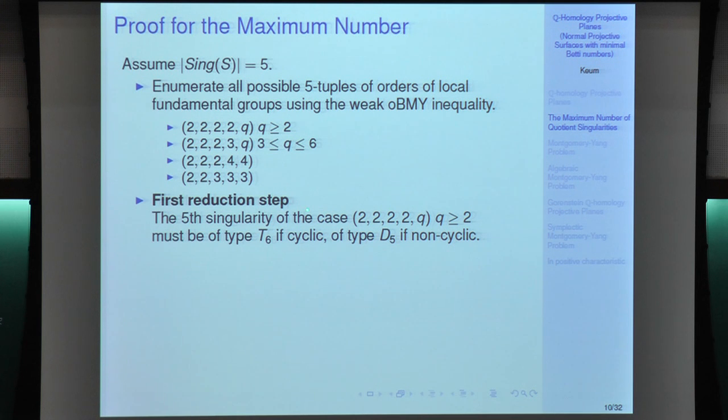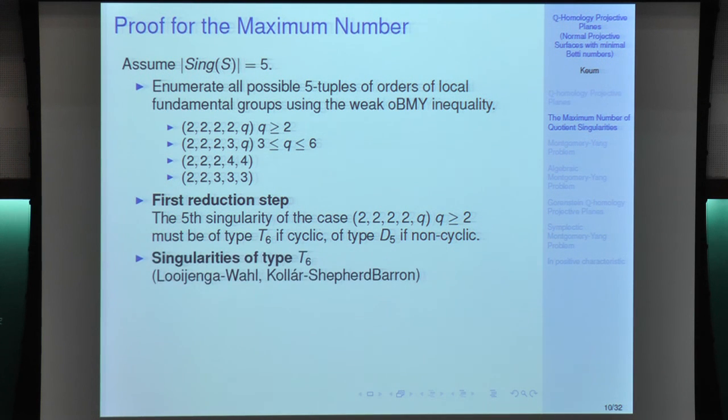The first reduction step is that the fifth singularity, in the first case, must be of type T6, a singularity of class T, if cyclic, or of type D5 if non-cyclic. Singularities of type T6 are studied by Lee, Wahl, and Kollár and Shepherd-Barron.